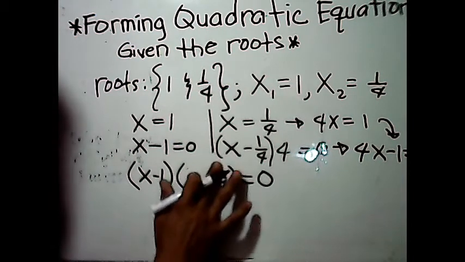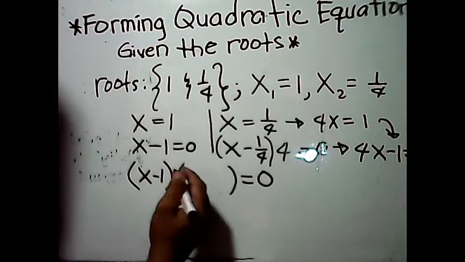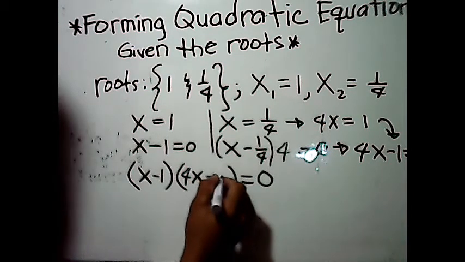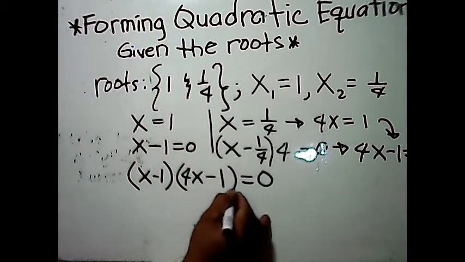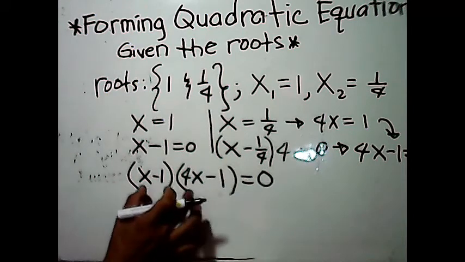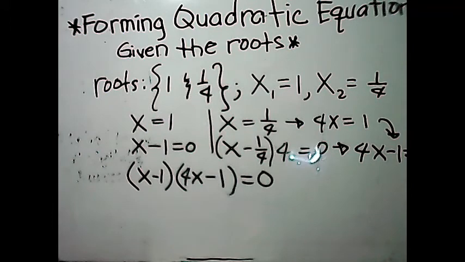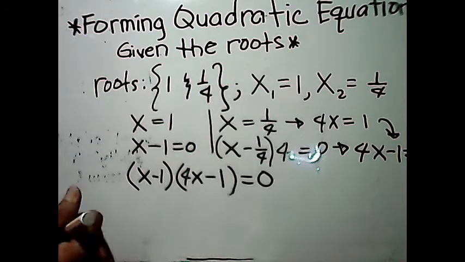So here we will write x minus 1 times 4x minus 1. And then we will now multiply our binomials using the FOIL method.